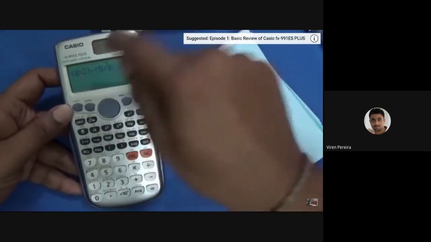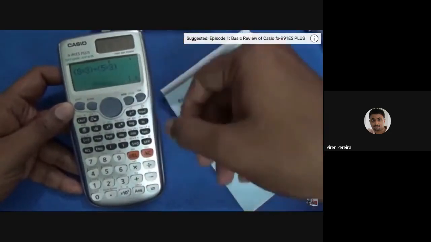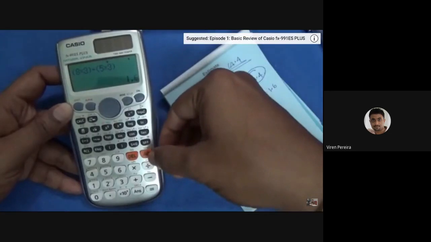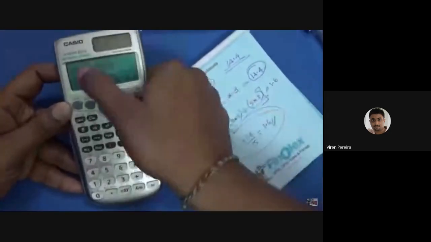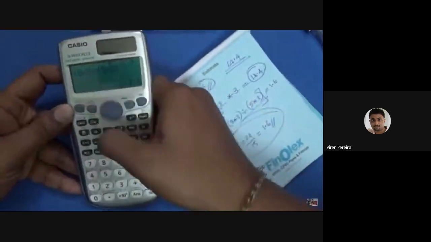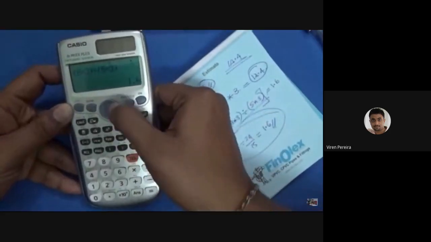Now say instead of 3 here I wanted 4. It's not needed that you have to press the AC button again and type the terms again. You could just go to the previous value, and say you want to change this 3 to 4, you can use the replay button.